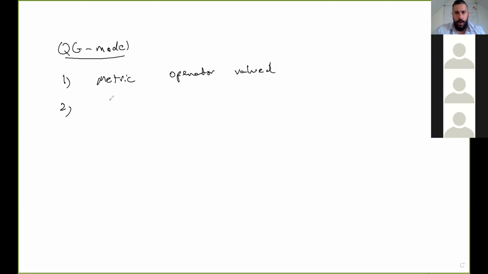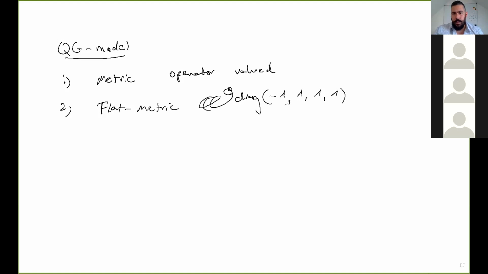Second, I want the flat metric, the Minkowski metric, so just the diagonal. It's a 4 cross 4 matrix with the diagonal elements being equal to -1, 1, 1, 1, and everything else being equal to 0.